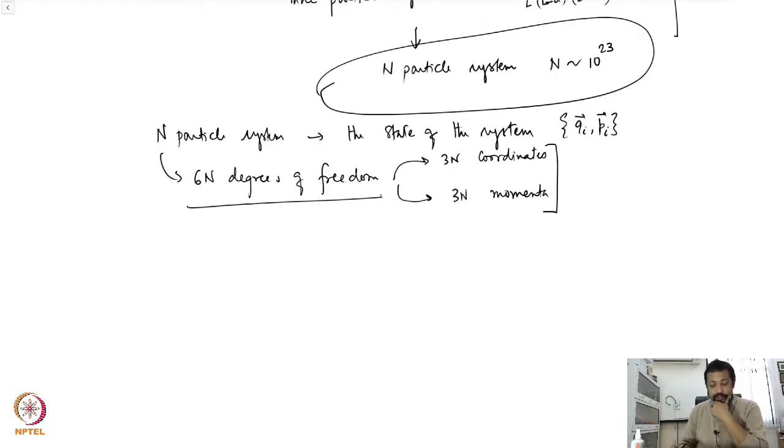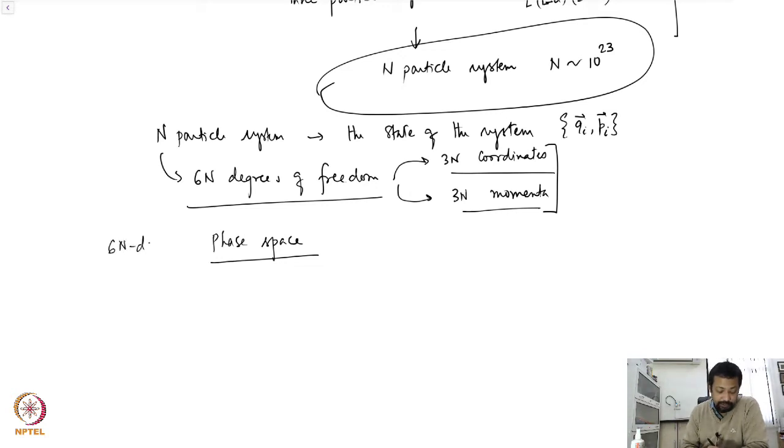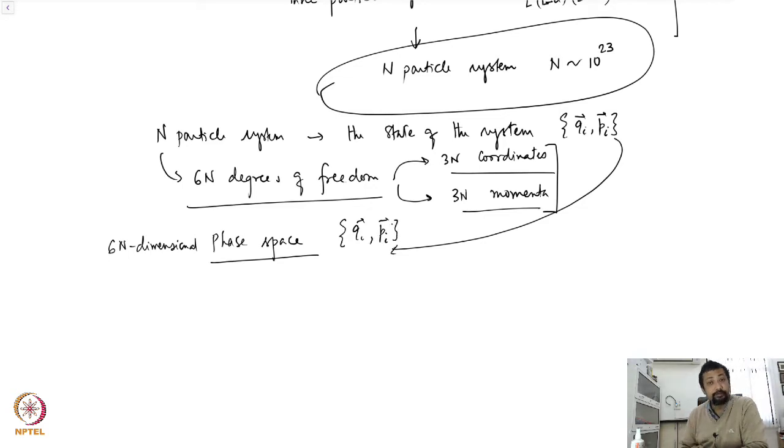Since we have 6n degrees of freedom, 3n coordinates and momenta, one can try to visualize the phase space of this system. It's complicated to visualize, but one can think about the phase space as a 6n dimensional space where this particular state, qi, pi, is represented by a point.